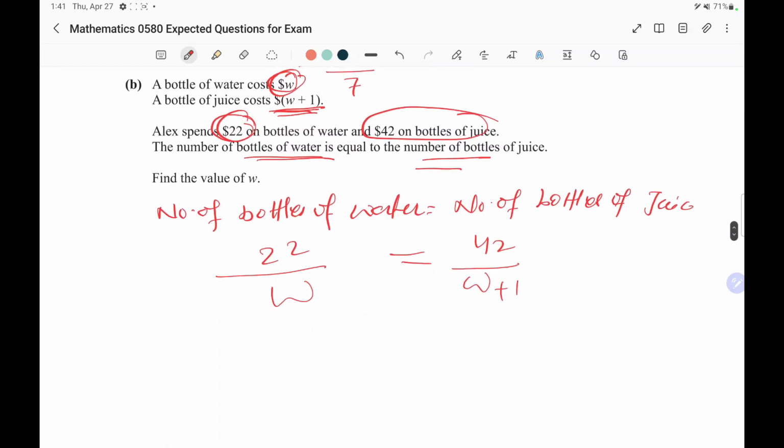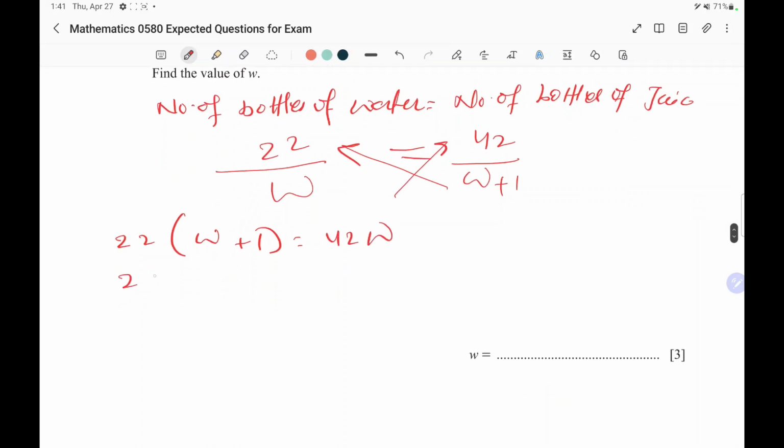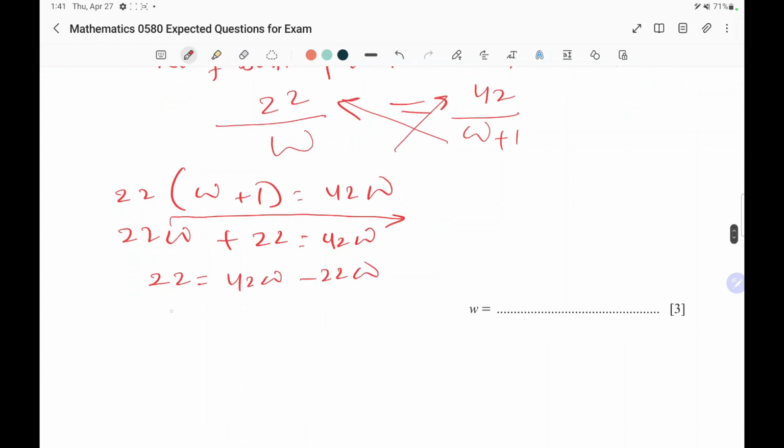And here we need to simply cross multiply. So that is 22 times W plus 1 equals 42 times W. So it's 22W plus 22 equals 42W. Now you can shift to the right side. 22 equals 42W minus 22W.